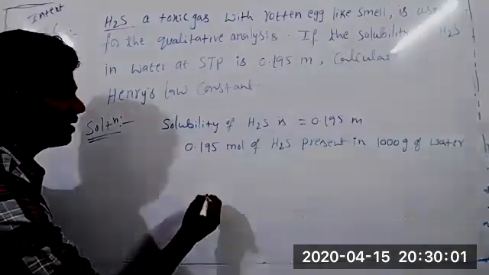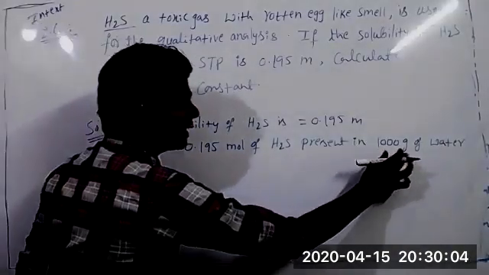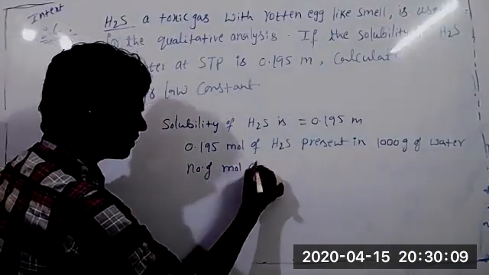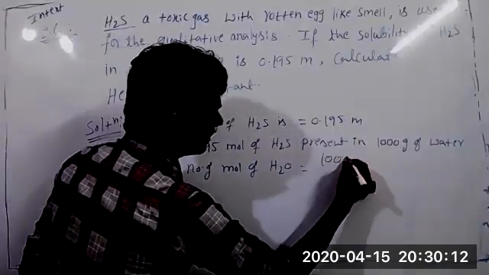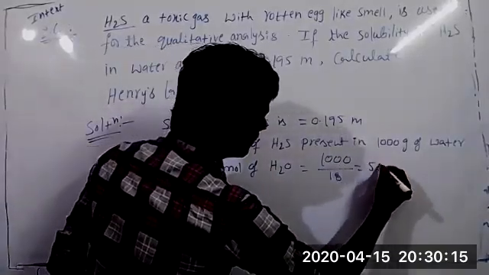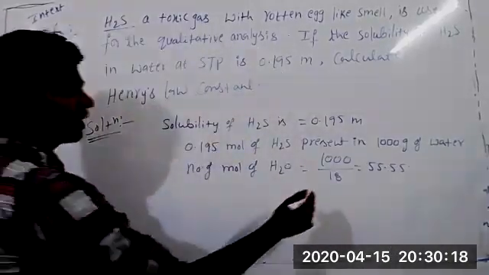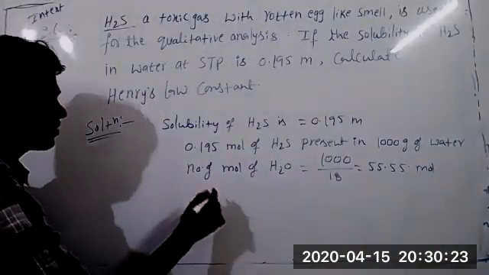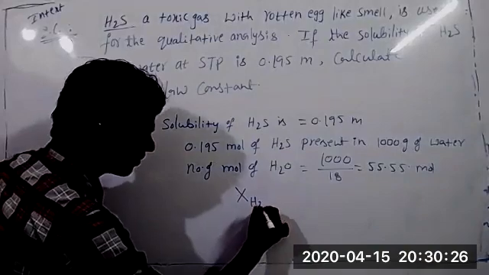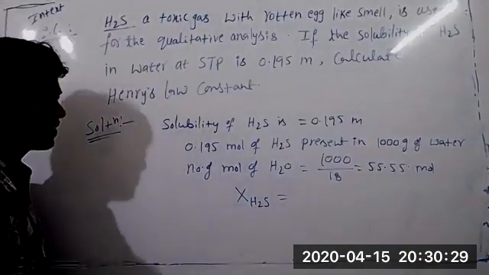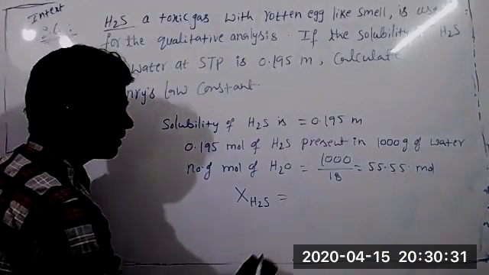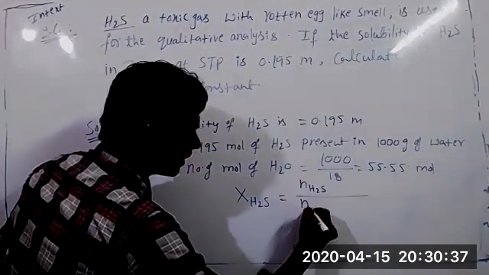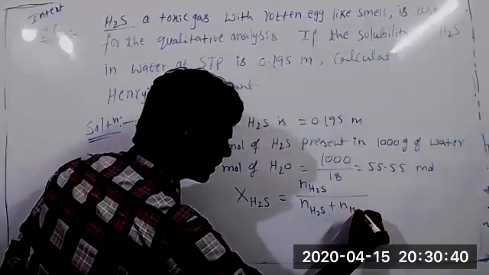So now calculate the number of moles of solute we have. We have to calculate the number of moles of solvent. Number of moles of H2O is equal to 1000 by 18. It gives 55.55. Now we have the number of moles of water and of H2S. Then it's very easy to calculate the mole fraction of H2S. What is the formula? Number of moles of H2S divided by number of moles of H2S plus number of moles of water.